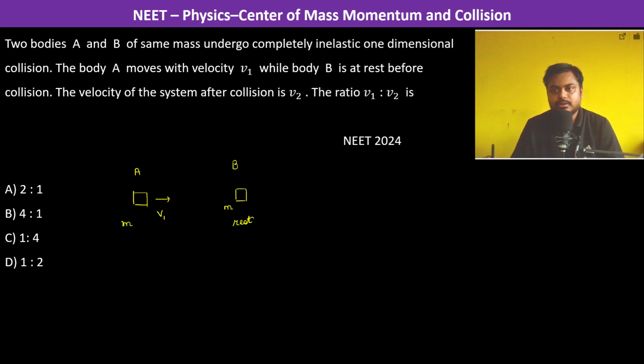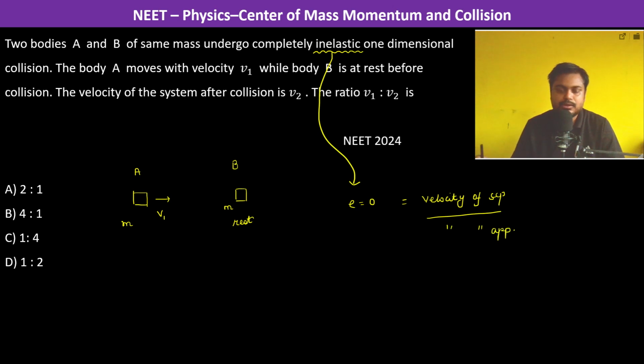So in the inelastic collision, e is equal to 0. Now what is e? e is the velocity of separation divided by the velocity of approach. So when this is 0, that means the velocity of separation becomes 0.